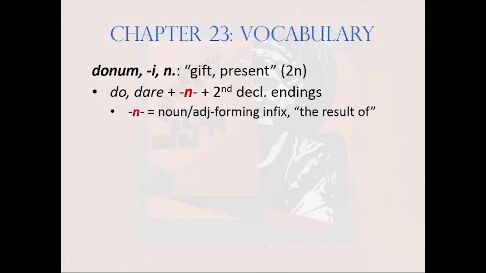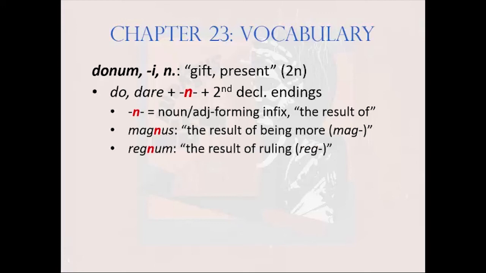It means "the result of," and can also be seen in magnus, great, literally "the result of n being more, mag," or regnum, kingdom, literally "the result of n ruling, reg." What's the accusative plural of donum?